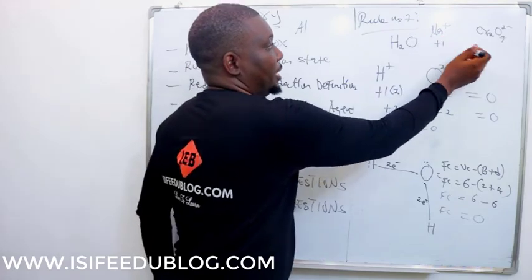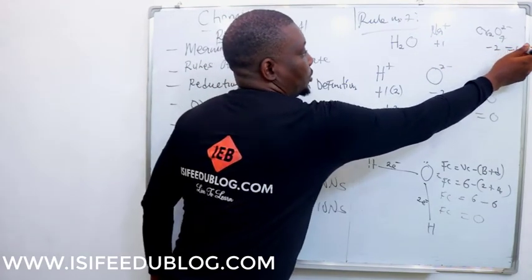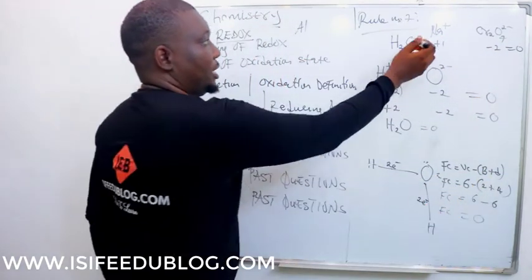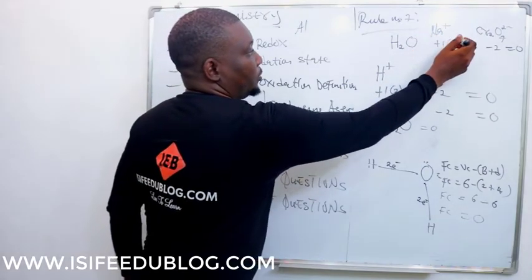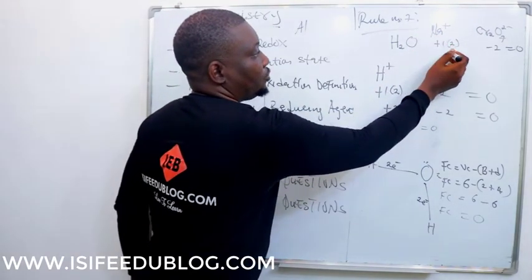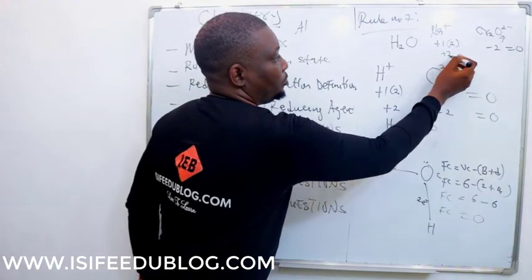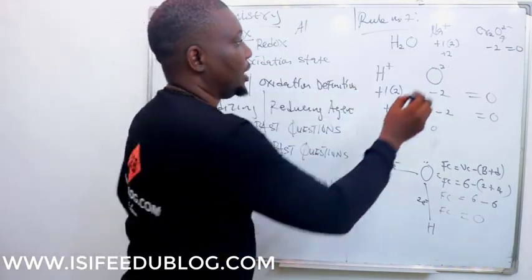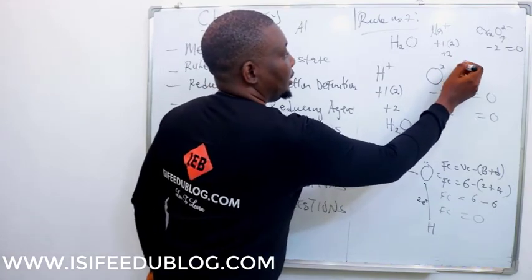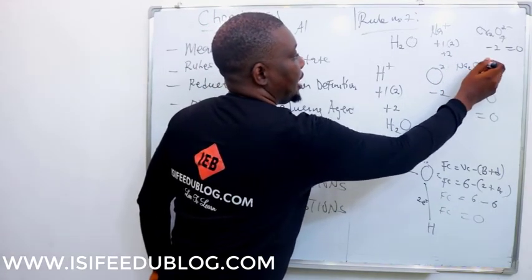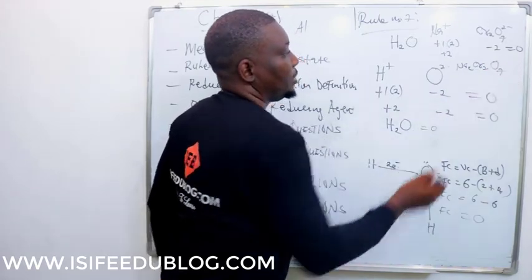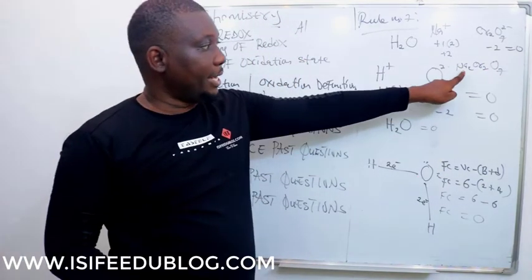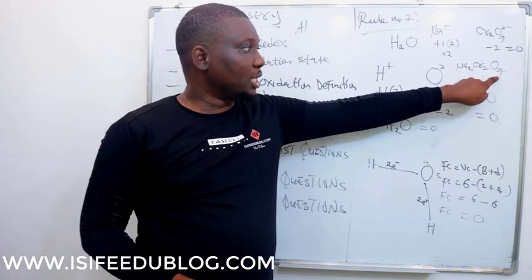So here is +1, here is -2, and the sum should be equal to 0. So what do we do to make sure they're 0? I have to put 2 here. Now that we have this 2 here, this will give you +2, and +2 minus 2 is 0. So this 2 is going to multiply this to have Na2, and here is Cr2O7.